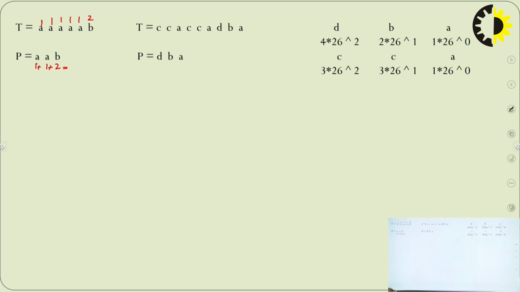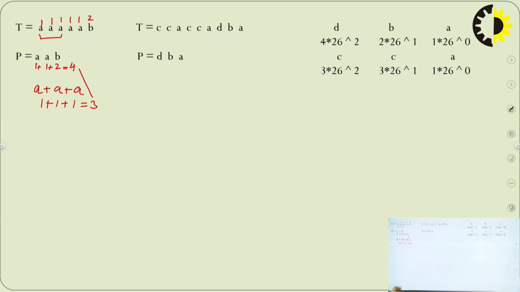So the hash value is 1 plus 1 plus 2, which becomes 4. After that, we take the hash value from the text for a window equal to the pattern length. As the pattern length is 3, we take the first 3 elements and calculate the hash value. So A plus A plus A is 1 plus 1 plus 1, equal to 3.